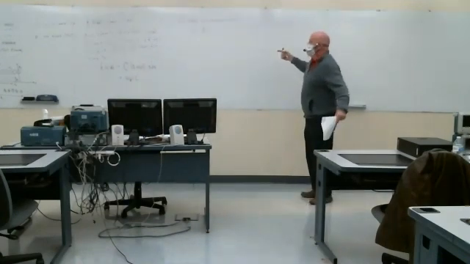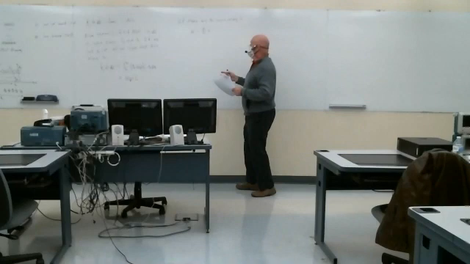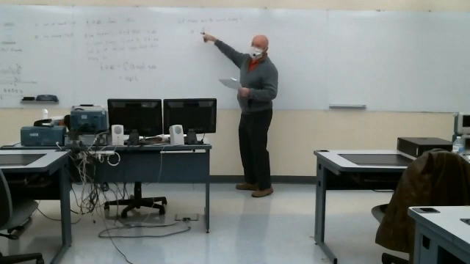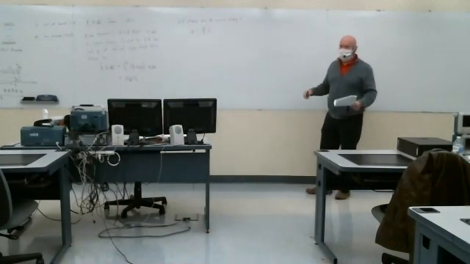Okay. So essentially that's saying if I've got 1,000 turns over 10 inches, how many do I have over 1 inch? 1,000 turns over 10 inches would be 100 times 1. I'd have 100 turns over 1 inch. Okay, right?